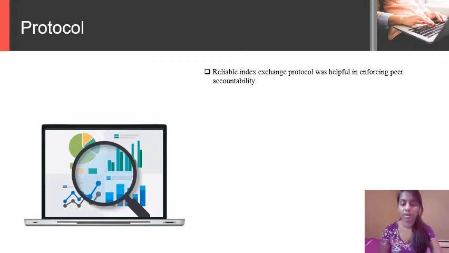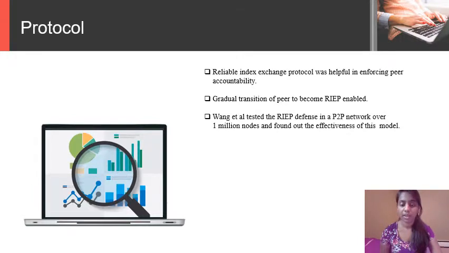Protocol. The Reliable Index Exchange Protocol, RIEP, was helpful in enforcing peer accountability, with a gradual transition of peers to become RIEP enabled. Wang et al. tested the RIEP defense in a peer-to-peer network of over 1 million nodes and found out the effectiveness of this model.